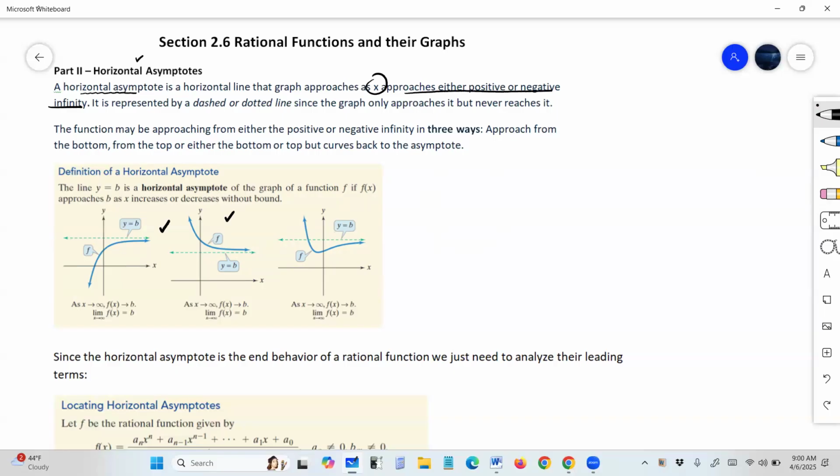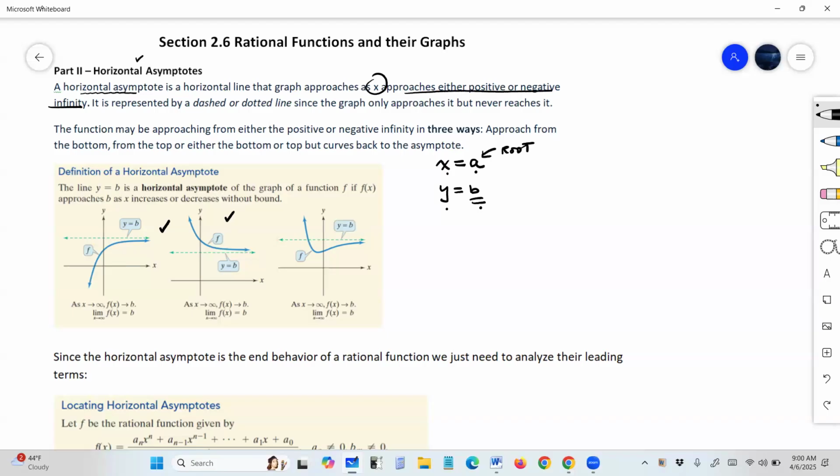And when you find the horizontal asymptote, notice that for the vertical asymptote the equation was x equals a, which was the root of the denominator. In this case, the horizontal asymptote is going to be y equals a value. All right, so it's not x equals, it's y equals.